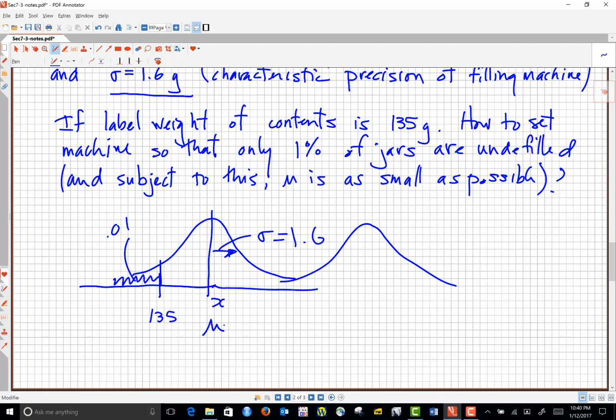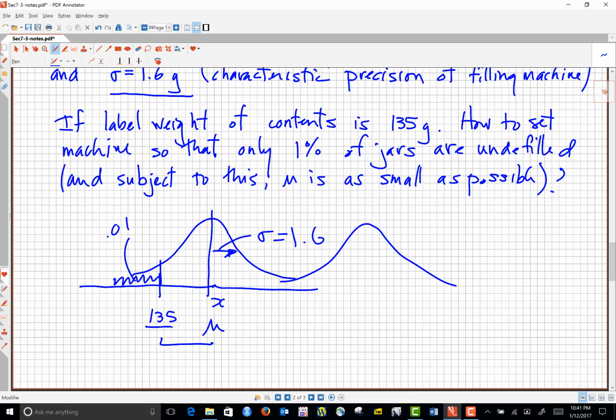This mean value that you get to set, every gram that is above 135 is something that you've given away to a customer. If you promise 135 and you're actually giving 138, you're giving away on average 3 grams per jar.